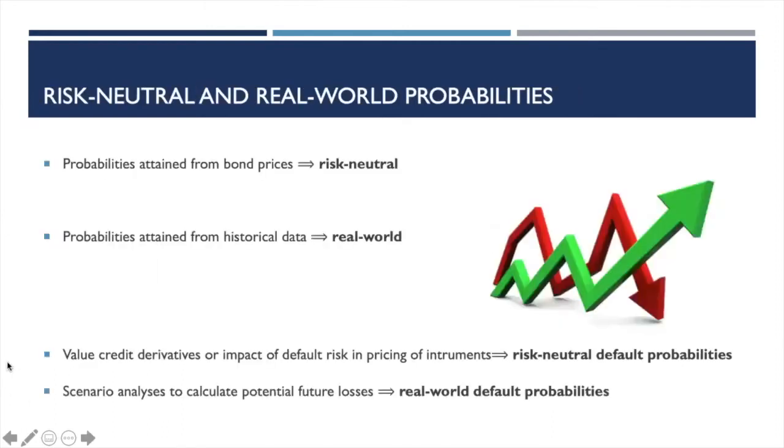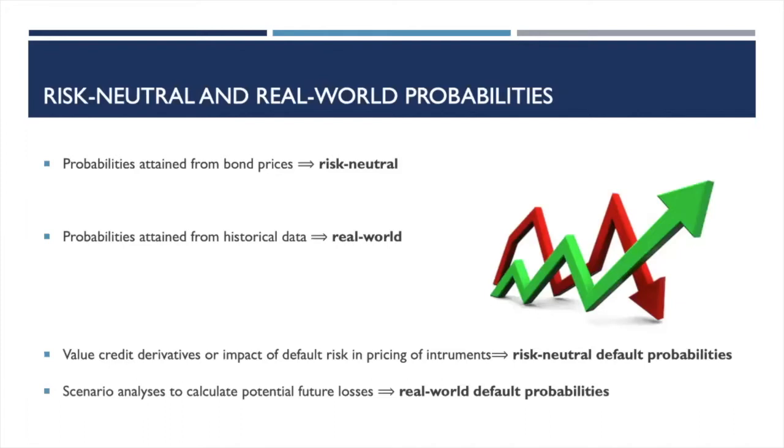The default probabilities calculated from bond yields are risk-neutral probabilities of default. This means that the probabilities are adjusted for risk. For this reason, the expected default losses can be discounted at the risk-free rate. By contrast, the default probabilities calculated from historical data are real-world default probabilities, as they are based on actual facts.